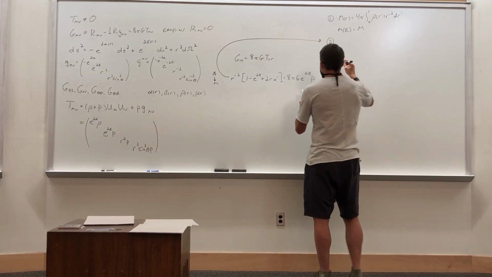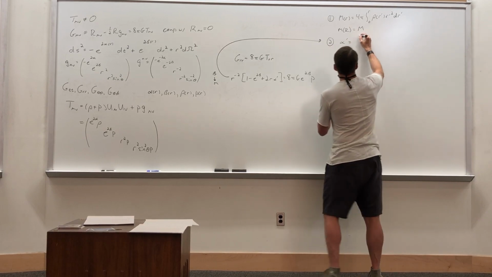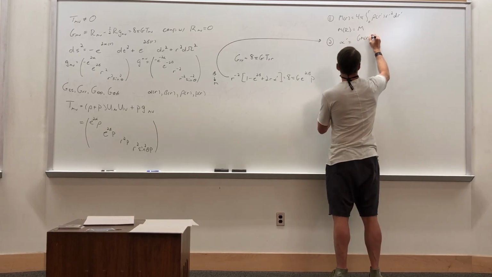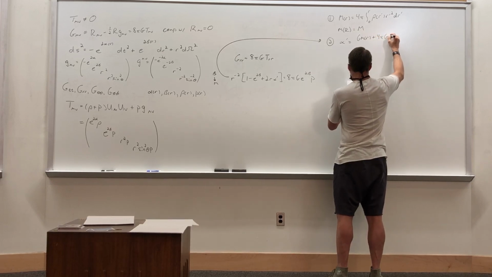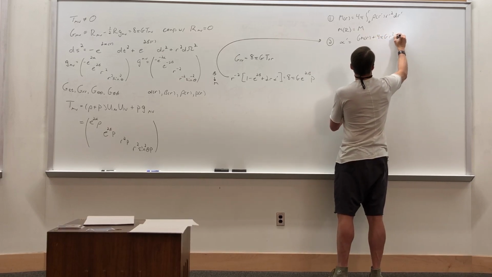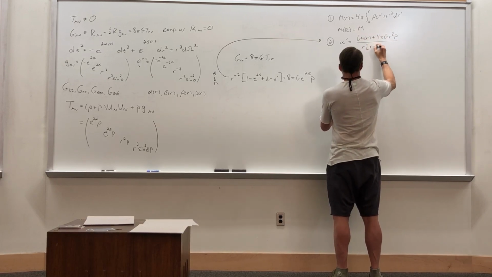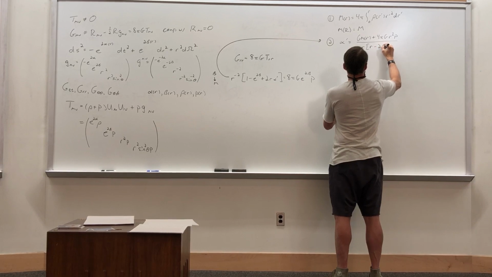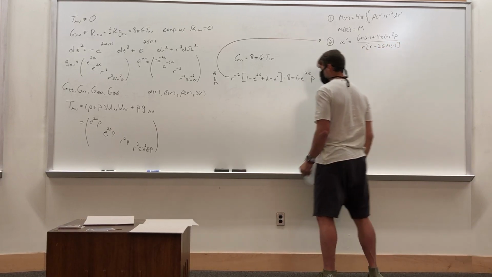Alpha prime is G times m plus 4 pi G r cubed p, over r times r minus 2G m of r.